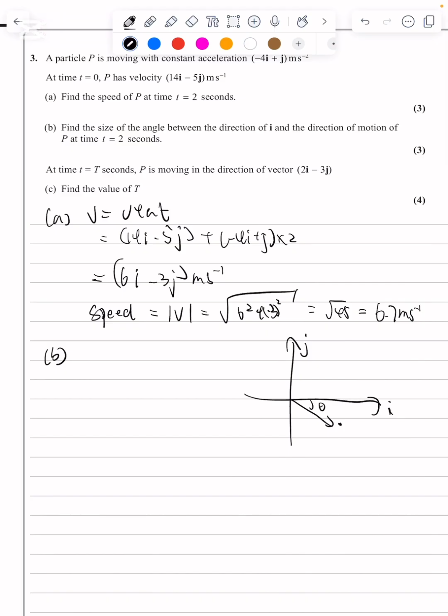So theta would equal tangent inverse of 3 over 6, which is around 26.6 degrees.